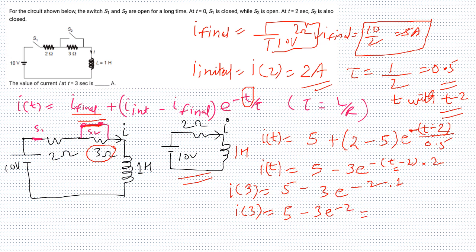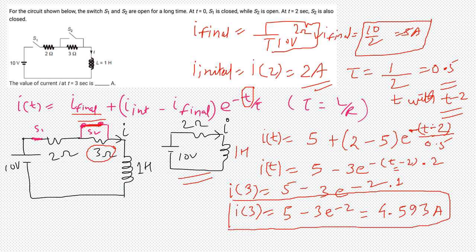If you calculate this, it comes to 4.593 amps. So this is the answer that we get. The current at 3 seconds is 4.593 amps. This is how you can solve this question. Thanks for watching.